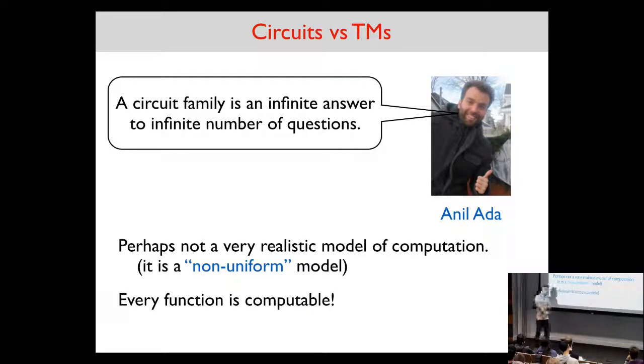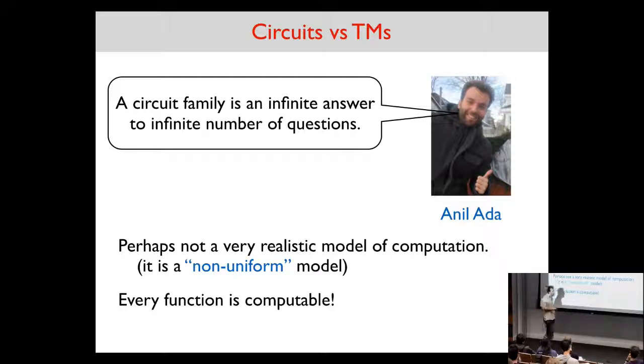Now, if you remember from lecture 2, every function is computable in this model. Every function, as we saw, has a Boolean formula that computes it, and every Boolean formula can be represented by a circuit. So every function is computable in this model.